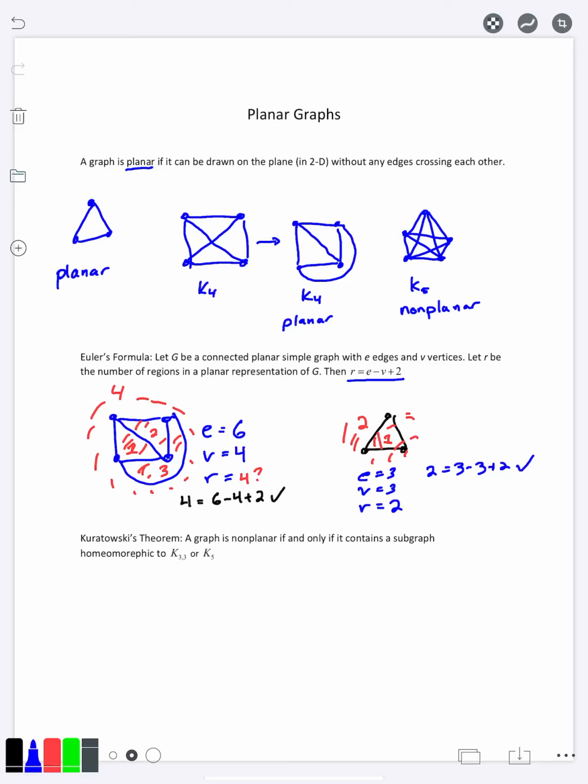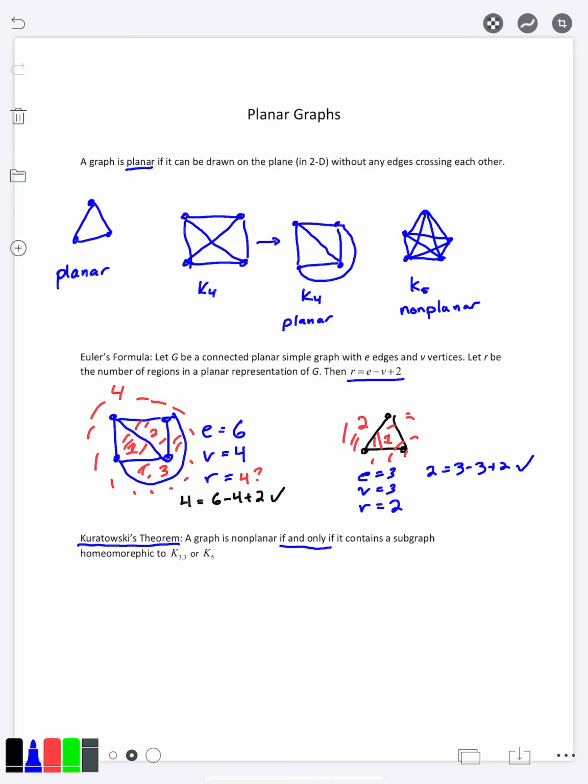And the last thing that turns out that it actually answers everything we ever want to know about planar graphs is that it tells us a criterion for when we are sure it's going to be planar or non-planar. It is an if and only if theorem, so it goes both directions. And what it tells us is that we are non-planar if and only if we either have a subgraph that is K3,3 or we have a subgraph that is K5.